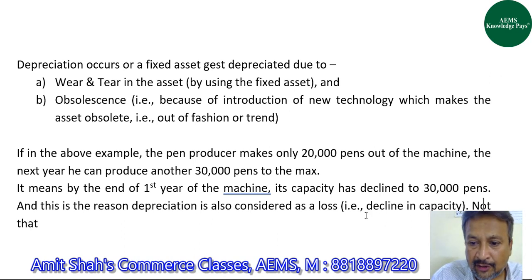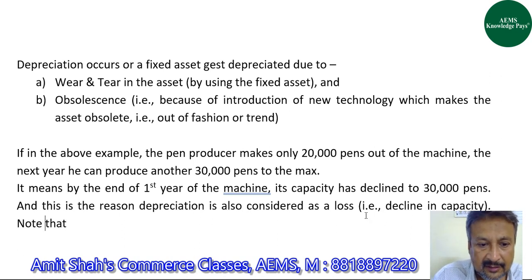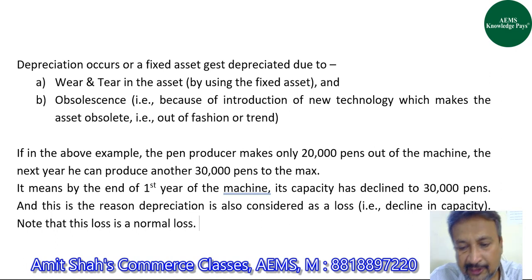Note that this loss is a normal loss. Normal loss, guys, is the one which happens with every producer. Every producer who purchases or who uses this machine will have to face this loss. You cannot avoid this loss.